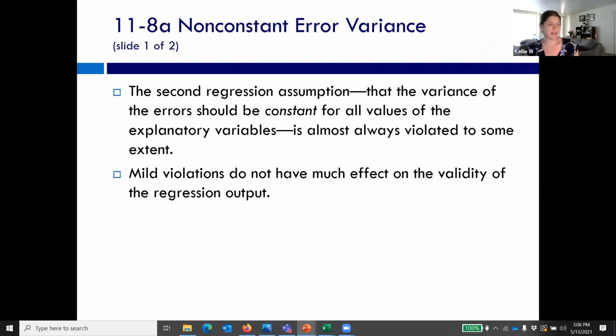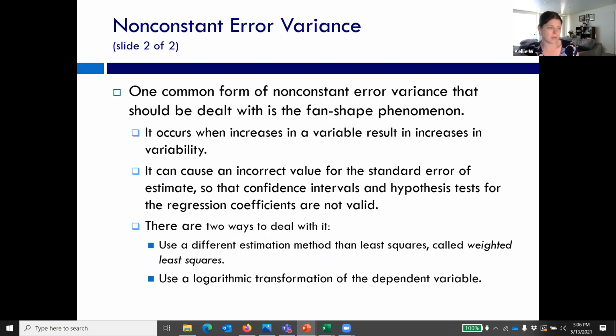If we violate the second regression assumption, that the variance of the error should be constant, mild violations don't really affect the validity of our output, but really large violations do.